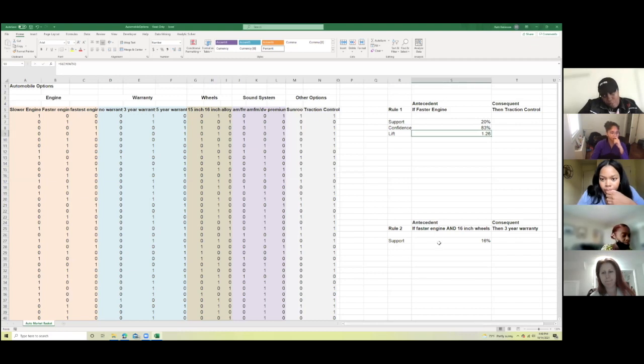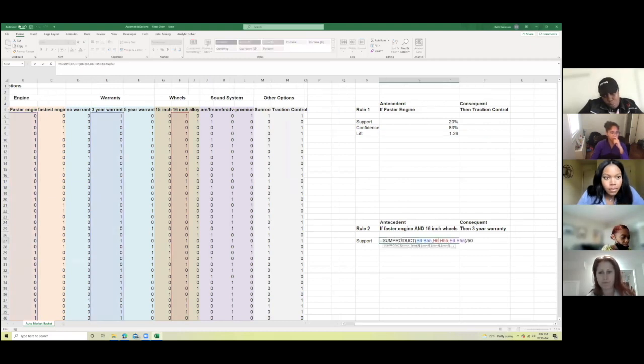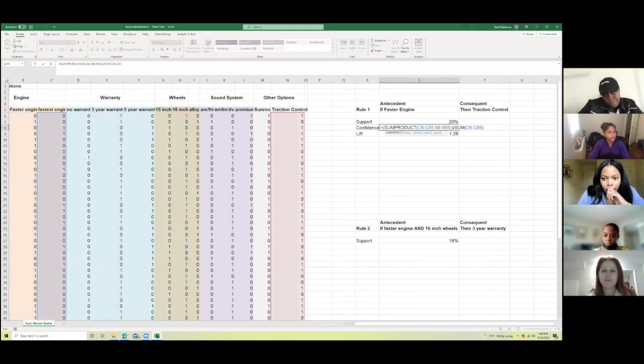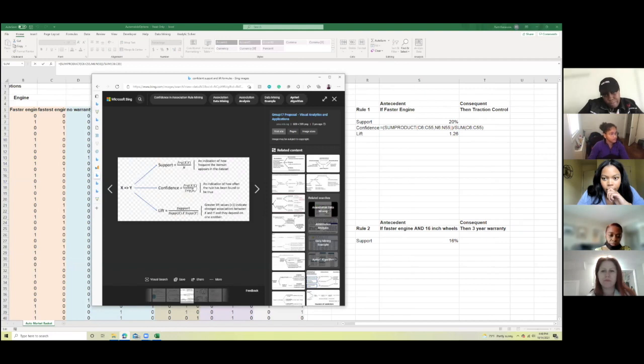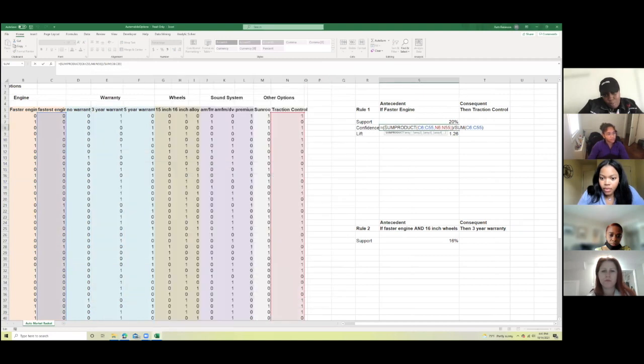So, no, it's fine. For the support, I used all three within the sum product function. Okay, and then for the confidence, remember that formula is the frequency of the entire rule over the frequency of just the first part. So you would do the sum product using all three of them over the sum product of just the first part.